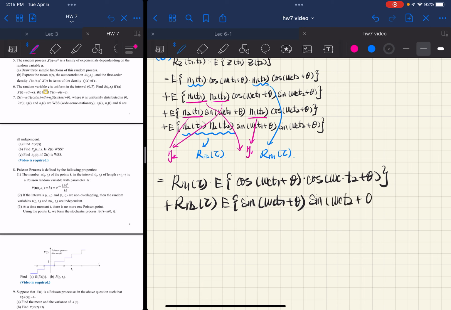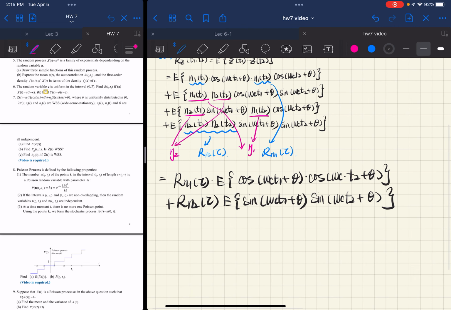I just rewrite and simplify the equation I got in the above step.